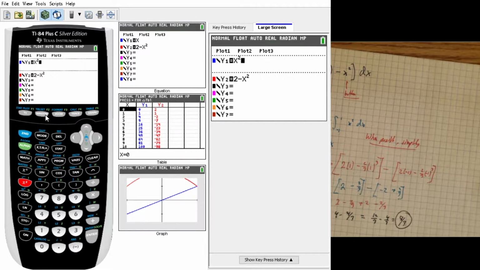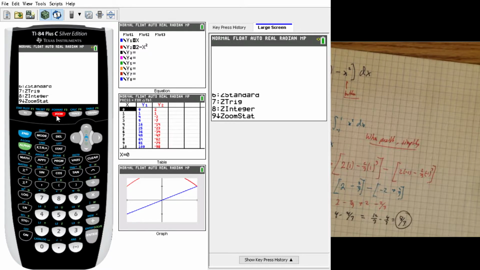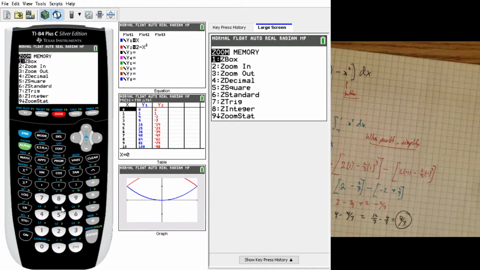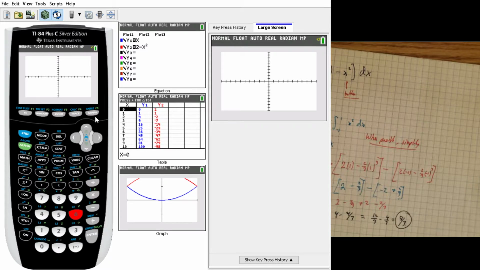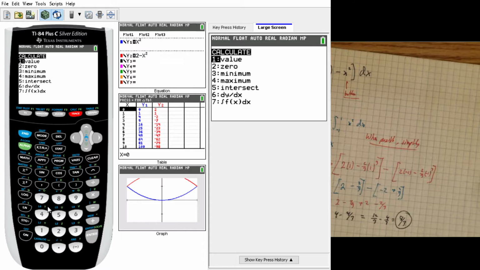Okay, let me get my zoom to standard. And so here's my graph. Again, I'm trying to find this little area sitting between these two curves, a little spot right there. And if I want to do that, I can do a second calc. I can integrate with number 7.